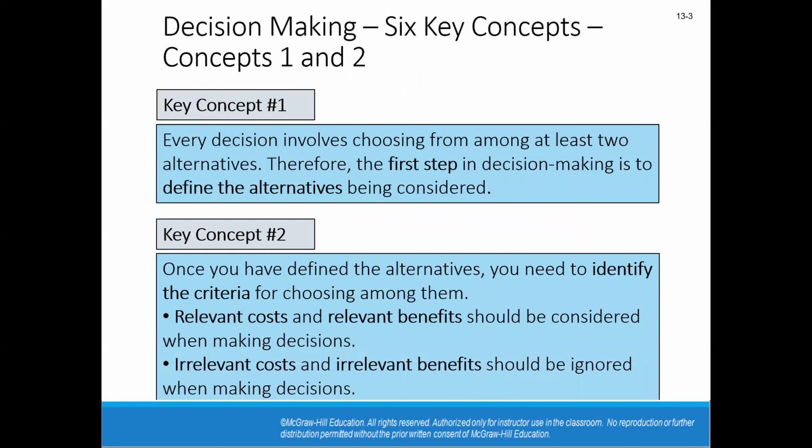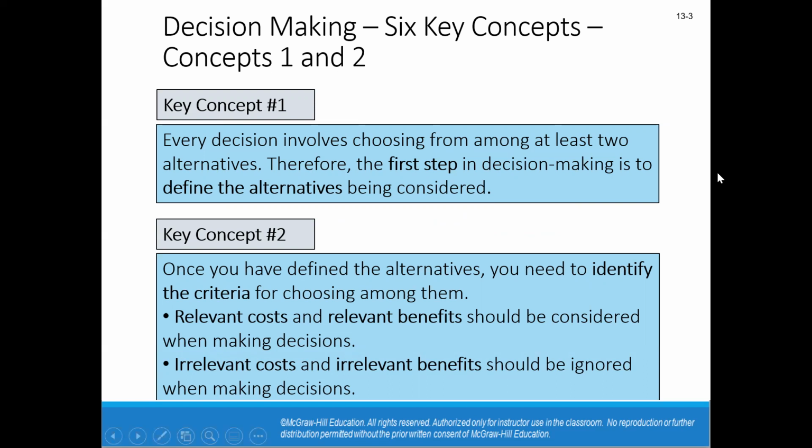Every decision involves choosing among a minimum of two alternatives. So the first step in making decisions is to define what the possible alternatives are that can be considered. Once we've identified the alternatives, then we need to look at the various data for choosing among them.